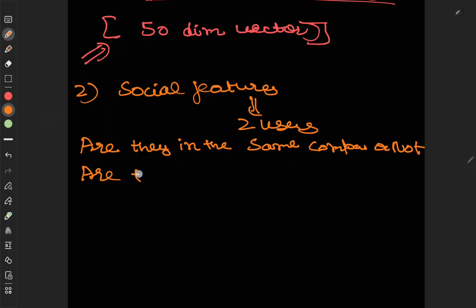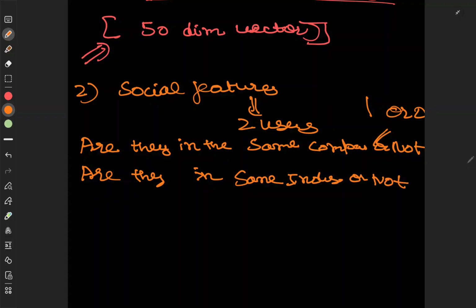It could be simply represented by using 1 or 0, right? Then you can ask, same industry or not. Then you can ask whether they were in the same college or not.